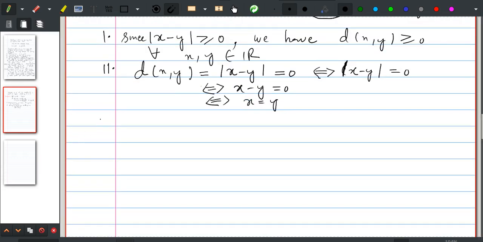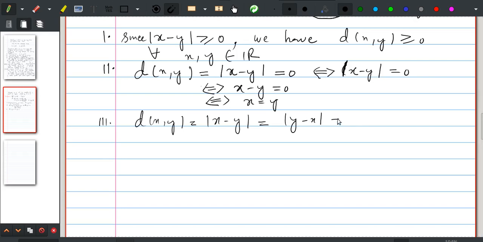Now, symmetry follows from the definition. If we take d(x, y), which is by definition mod of x minus y, which is the same as mod of y minus x, which is the same as d(y, x). So symmetry follows easily.